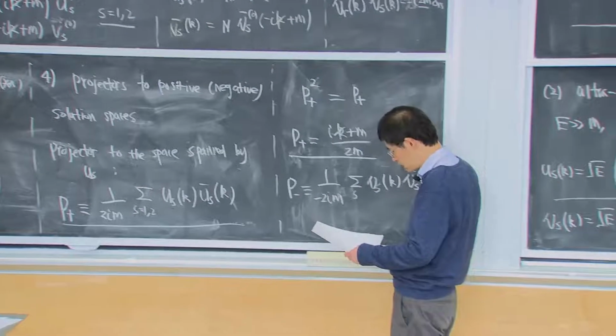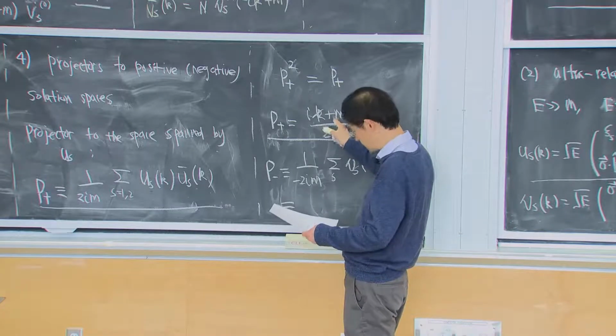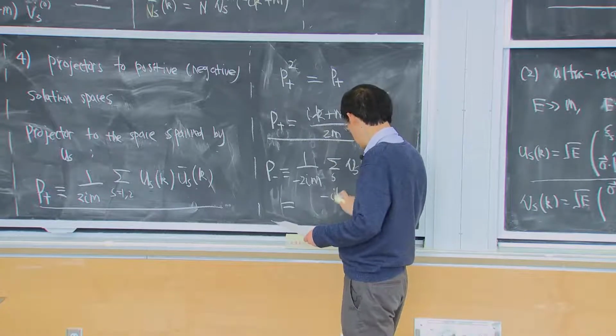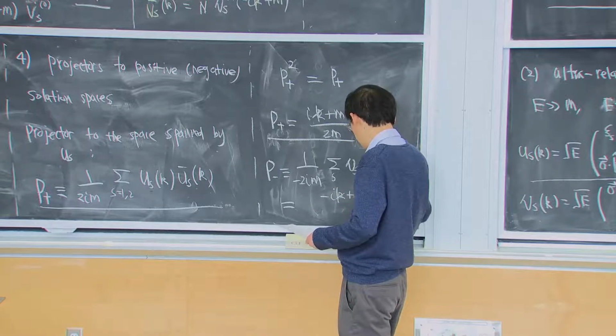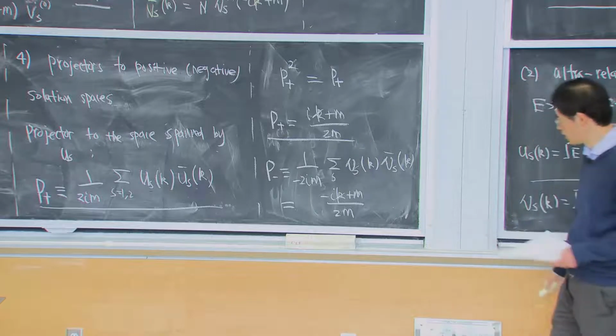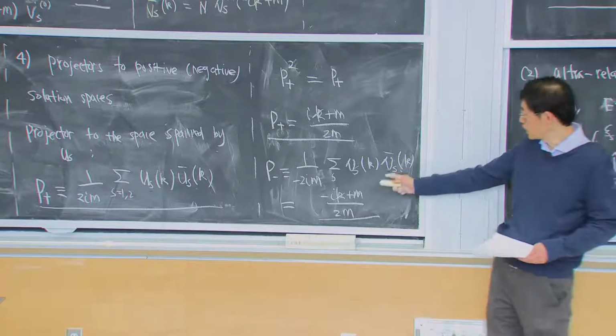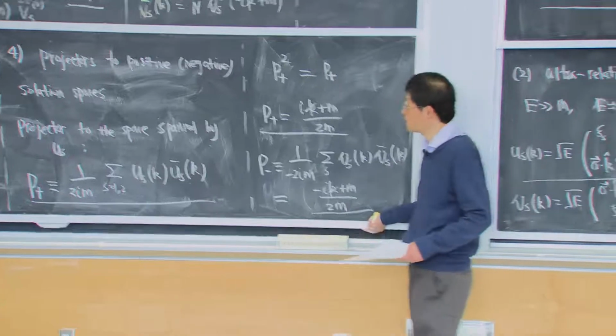And you can show that this can also be written as something like this: (minus i k slash plus m) divided by 2m. Okay? So again, I will leave this as an exercise for yourself. So this is a projector to the space of v's.